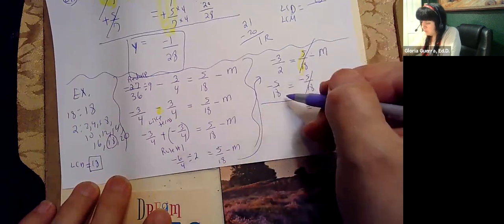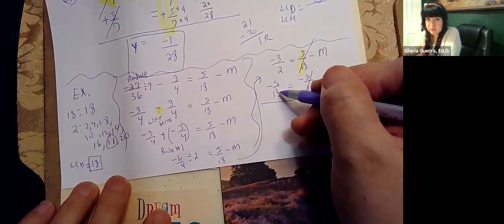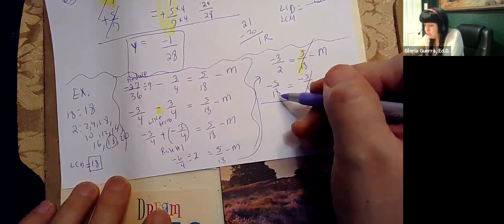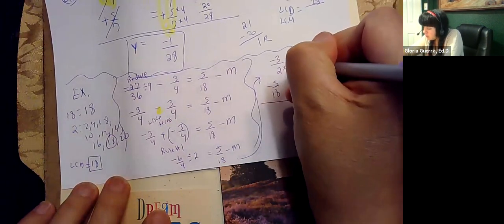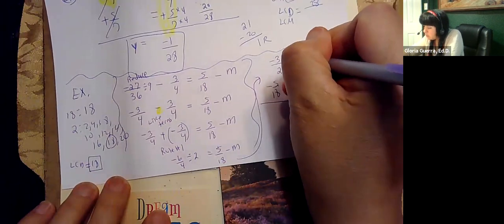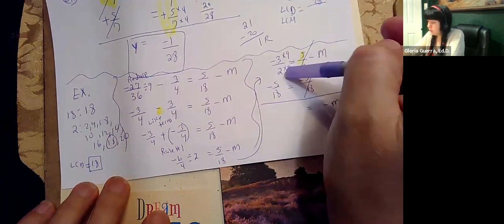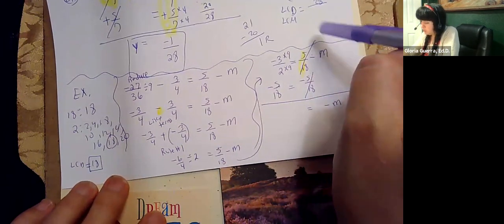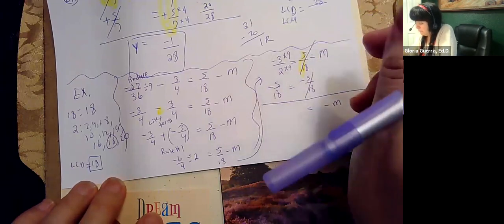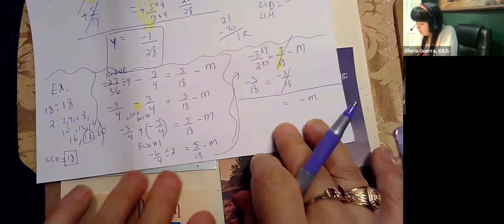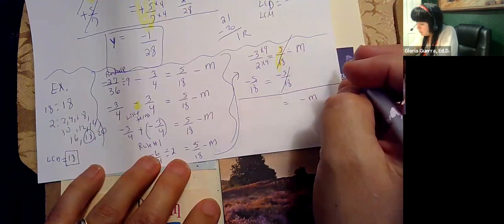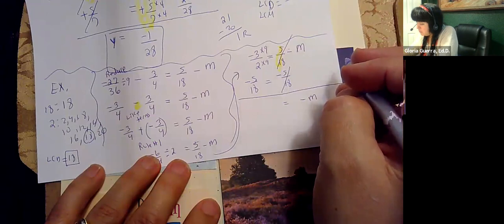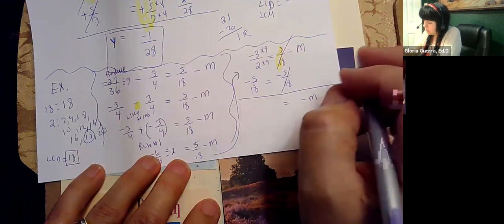So when you build up the fraction, this already has 18 in the denominator. So that one's good, stays. But this one you can multiply times 9. Like 2 times what is 18? So 2 times 9 is 18. And then -3 times 9 is -27.